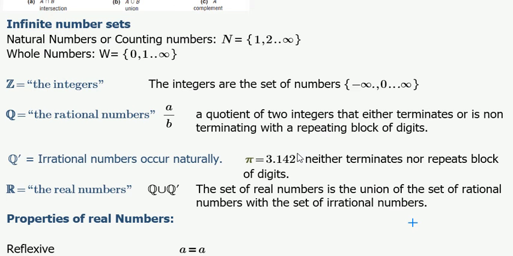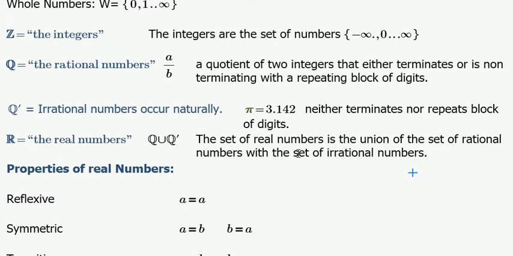The rational numbers are A by B, or A divided by B, a ratio of A to B, a quotient of two integers that either terminates or is non-terminating with a repeating block of digits. These rational numbers include our natural numbers, whole numbers, and the integers. And Q dash, the irrational numbers, occur naturally.